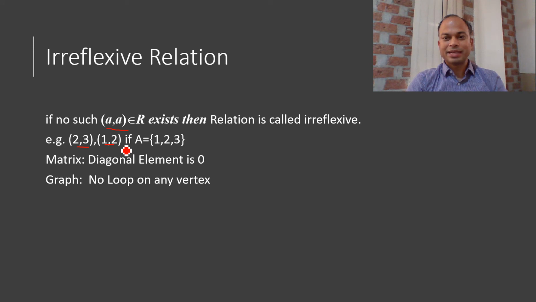If we observe this example, then the diagonal elements should be 0. I mean, no A is related to A itself. If we talk about the graph representation, then there should be no loop on any vertex because A is not related to itself. In this way, we can represent this particular relation using matrix and graph.